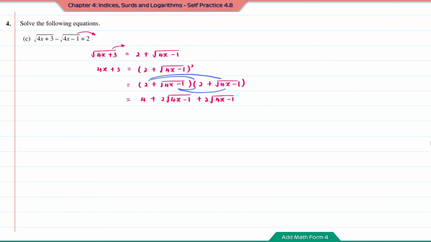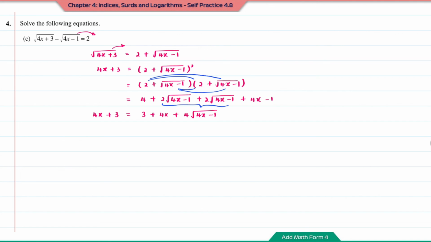And the last one here, we get a positive. So when the same square root multiply together, we're just going to get 4x minus 1. So next, we're going to solve for the first one, which is the number 4 minus 1 here. We're going to get 3 plus the 4x, which is alone there. And these two, sum them up together, then you're going to get 4 square root 4x minus 1. So this is equal to the 4x plus 3.